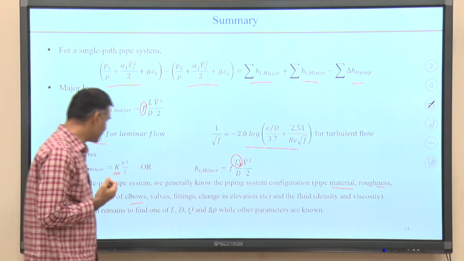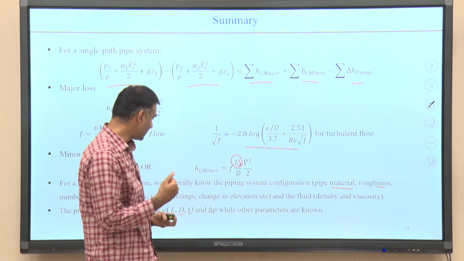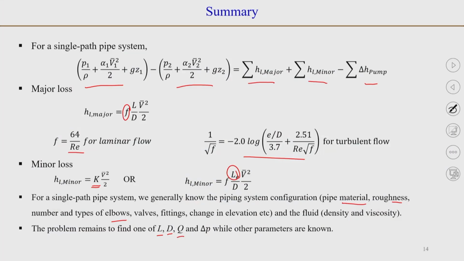So, basically it will reduce to this: we might need to calculate the length of the pipe. If we are designing a piping system, we might need to determine what diameter is required, and we might need to look at the flow rate for a given piping system or the pressure drop over the entire length.